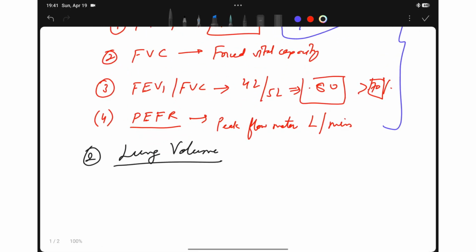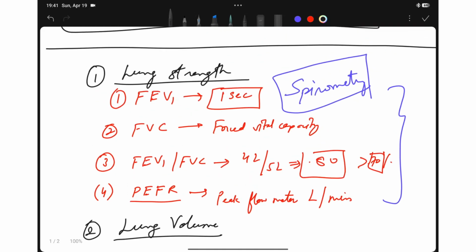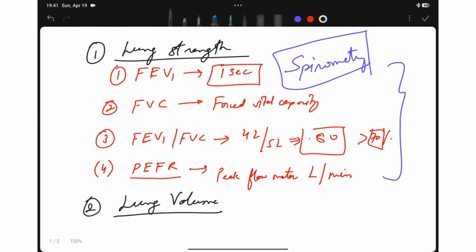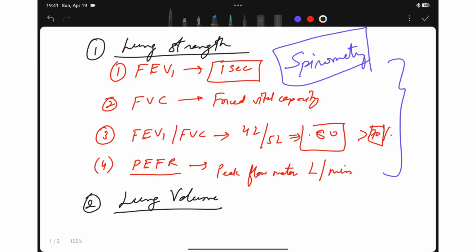So when you advise a patient for spirometry, you got to know about these inputs. Now the second is lung volume.